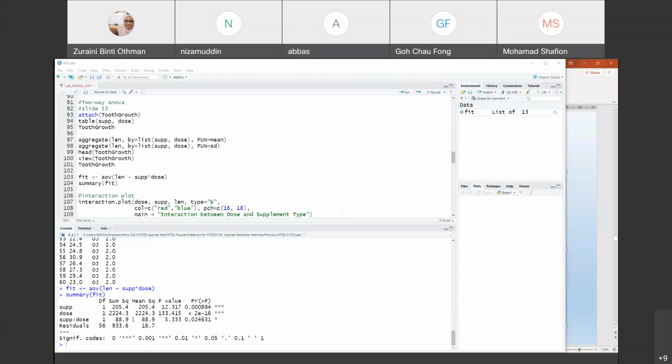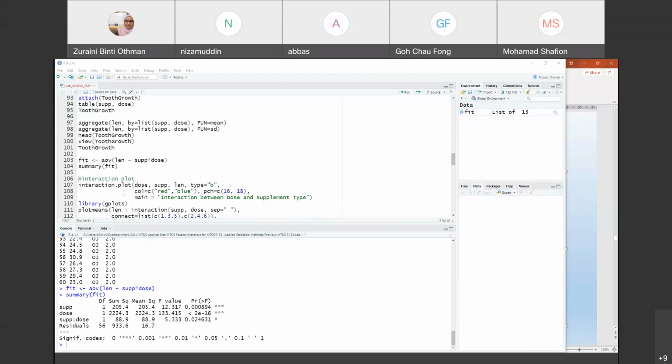Then we want to see the analysis. If you want to see the interaction, we can visualize it by using an interaction plot to display the interaction in the two-way ANOVA.